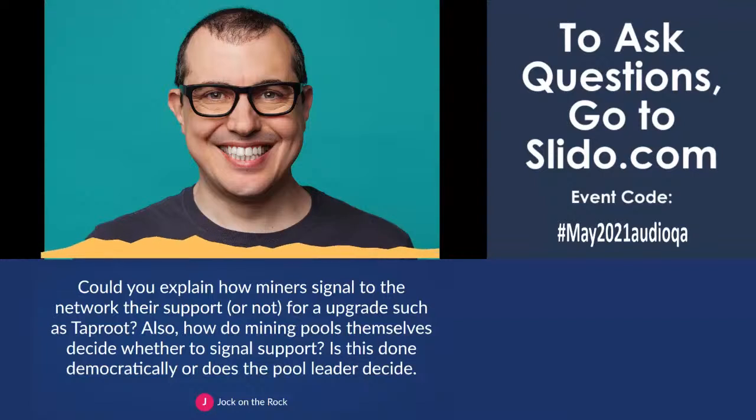Yeah, so right now, how are miners signaling? The Taproot activation is happening using an agreed procedure called BIP 9. It's a slightly modified version of BIP 9, but the bottom line is this. Within every block, there is a block version number. The block version number has been split into various bits in binary that are used to signal specific features.